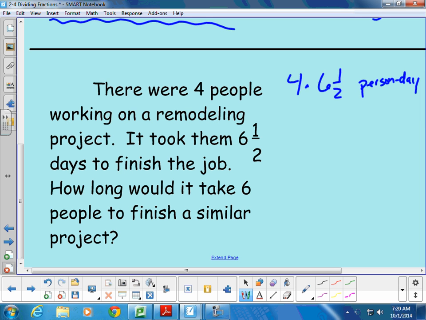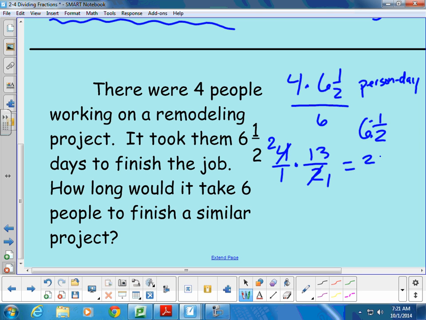So eventually we're going to divide this by 6. So let's start with that first one. So 4 over 1 times, we want to change 6.5 to an improper fraction, which is going to be 13 over 2. And we can multiply across using our multiplication. 2 goes into 2 once, 2 goes into 4 twice. So 2 times 13 is 26 over 1.